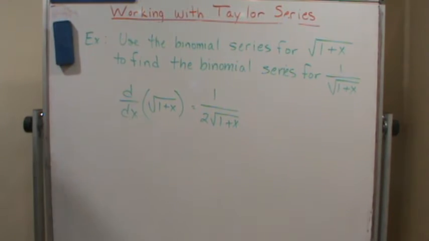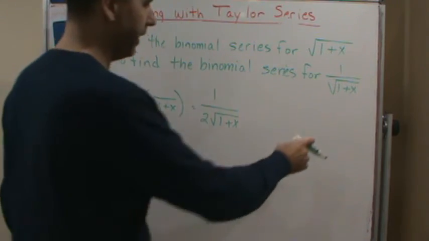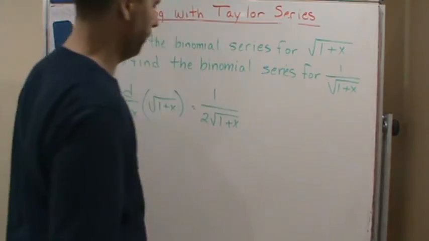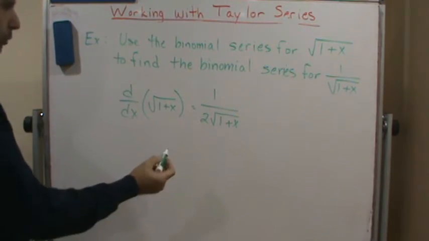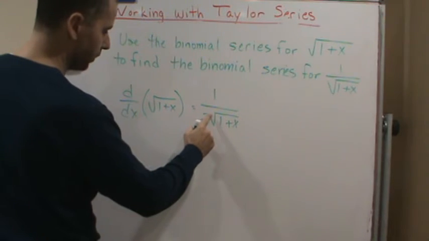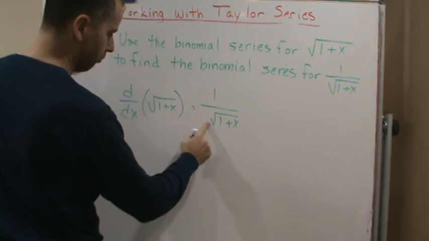Okay, so that's what we have. So the binomial series for this then is going to equal what? Well, we're going to multiply both sides by 2, right?